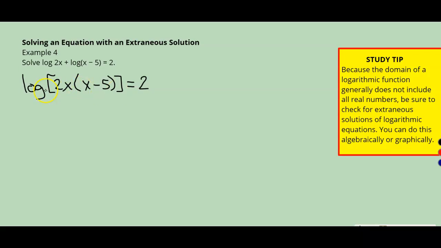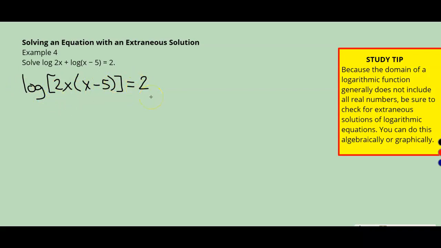So this does not show a base, so that means it's a common logarithm, and it's assumed to be base 10. Since we only have a logarithm on one side of the equation, we can do like we did in the last example and use a common base to rewrite this as exponents.